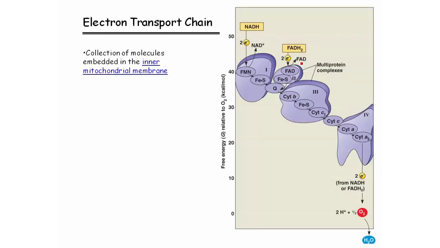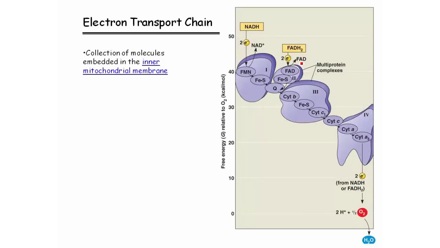In the electron transport chain, we are dealing with a whole collection of molecules that are going to participate in these redox reactions. All of these molecules will be embedded in the inner membrane of the mitochondria. These molecules will be at varying levels on this free energy diagram.